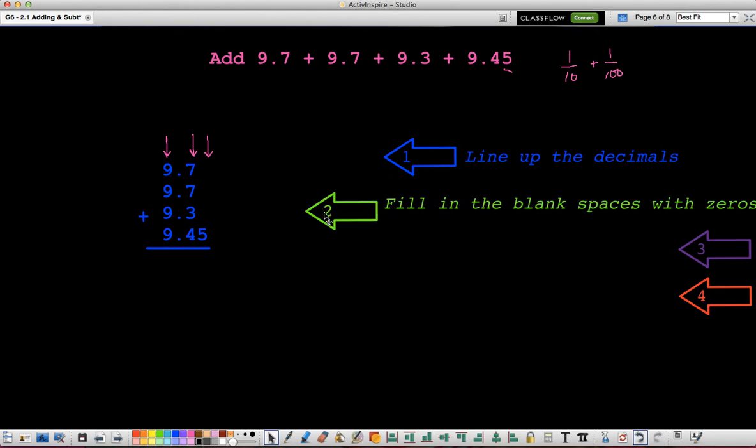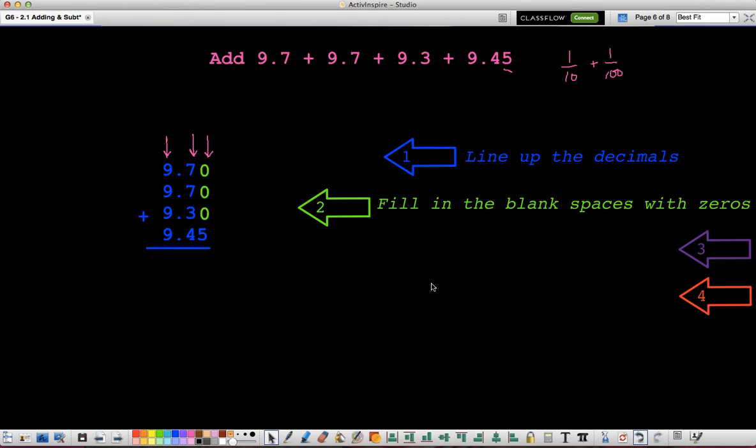All right, so you have the second step, which is fill in the blank spaces with 0. So these blank spaces here that seem awkward, we put in zeros for. Now it looks a little bit nicer and it's easier to add, which is our step 3.